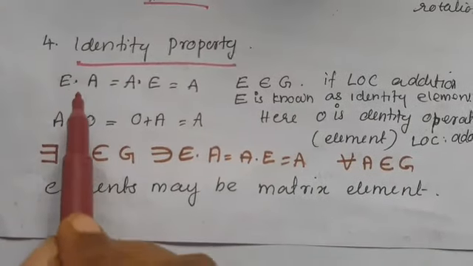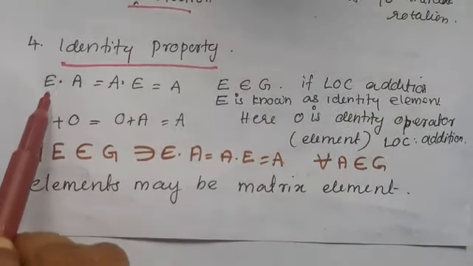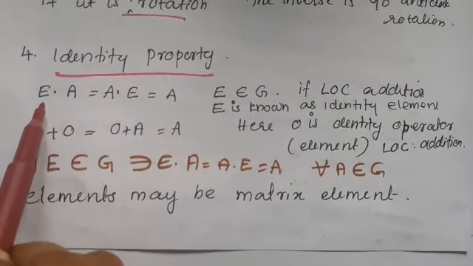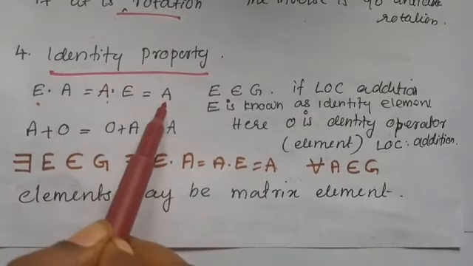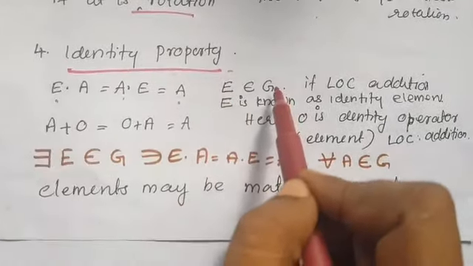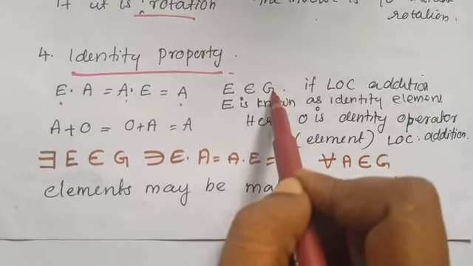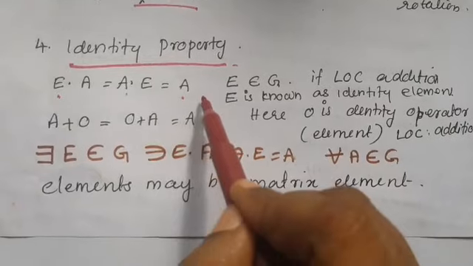There should exist an element in the group, E, that is known as the identity element. E dot A is equal to A dot E, that is equal to A. So E should be in the set G. There should exist an identity element also.